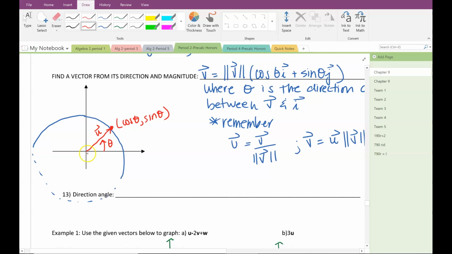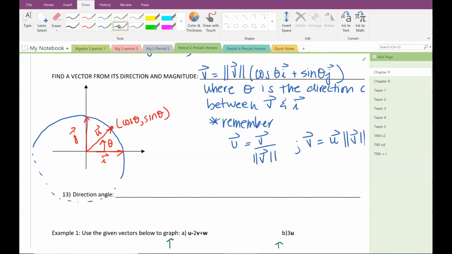Now we also have our i direction, which is on the x-axis, and we have the j direction, which is on the y-axis. Would you agree with that? What this is saying is, what if I want to find what vector v is? Well, vector v is currently unknown.